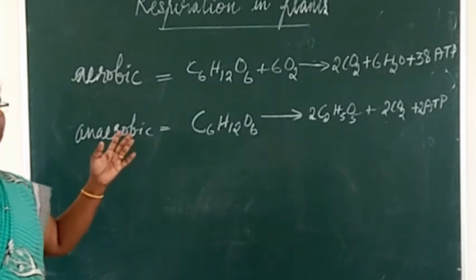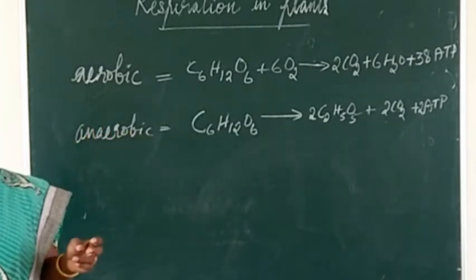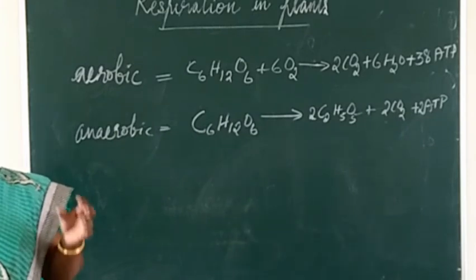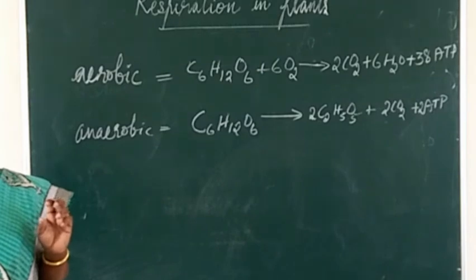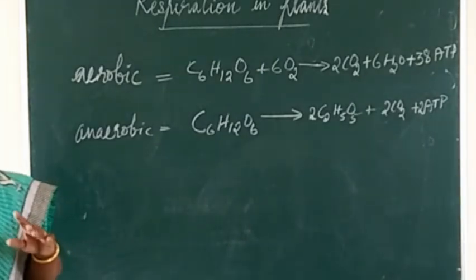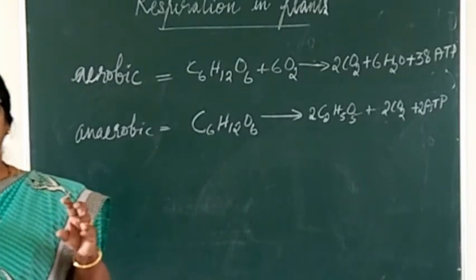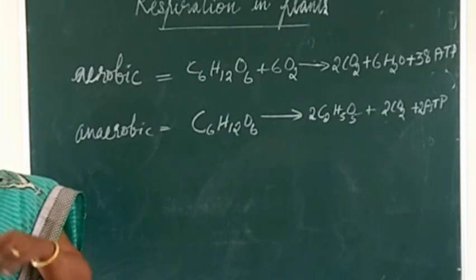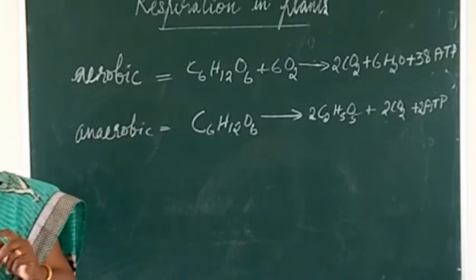So if plants use this anaerobic respiration, the part of the plant where it takes place will die ultimately. Whereas in certain kinds of bacteria and fungi, commonly throughout their life, only anaerobic respiration takes place.